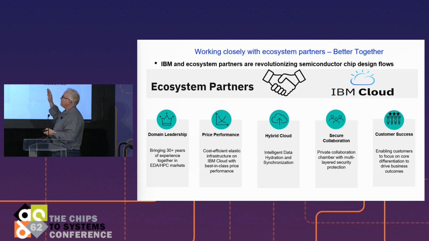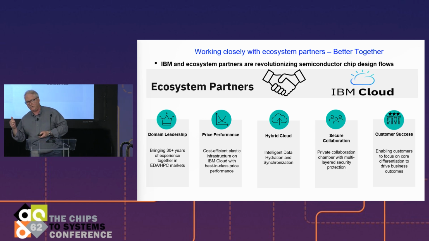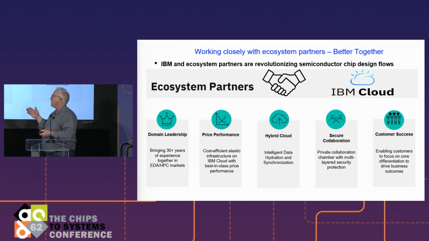So, just to summarize, how we're doing this, we're doing it not only alone, but with our ecosystem partners. We clearly can claim domain leadership in several areas that are critical to EDA and HPC. We believe we have a price performance point that's very competitive.